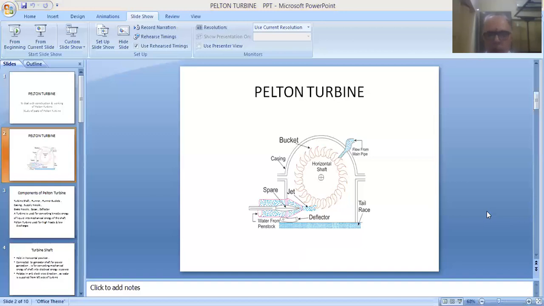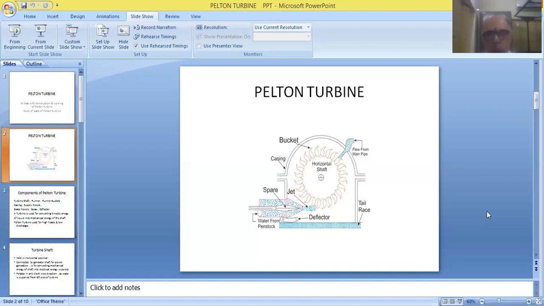While moving in anti-clockwise direction, it will be preventing more quantity of water from entering the turbine, and by moving in clockwise direction, or by moving in downward direction, it will be sending more quantity of water.